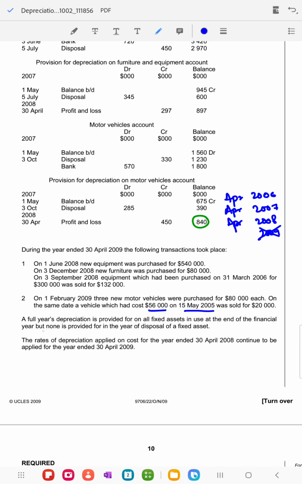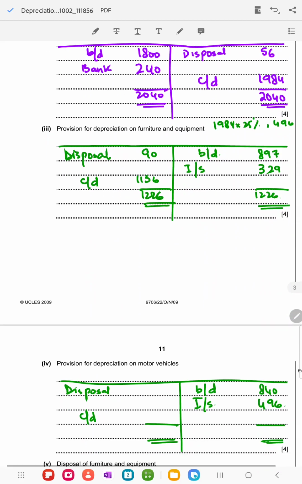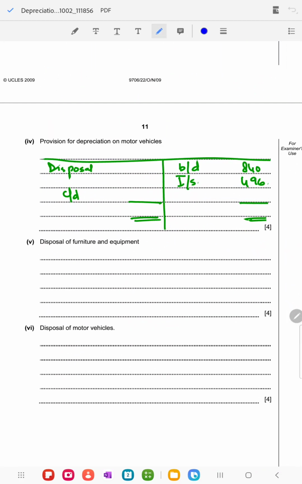It says that no depreciation is charged in the year of disposal. So again 3 years multiply by 25% of 56,000. So the value here is 42,000.